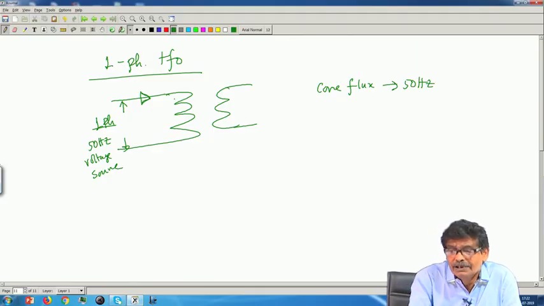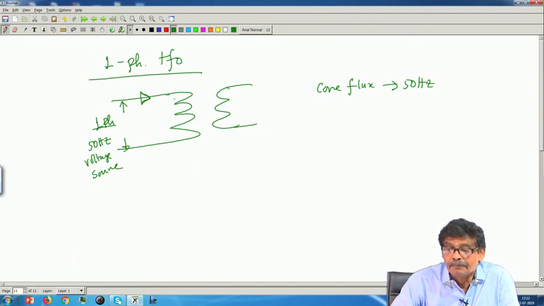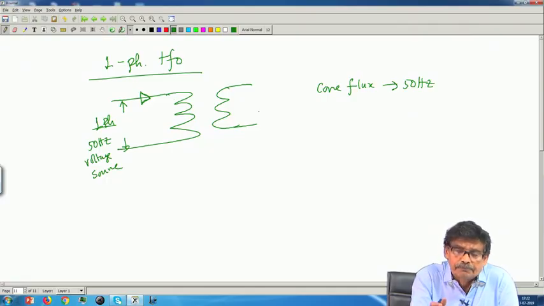So, the problem in a single phase transformer, so far as third harmonic flux etcetera is concerned, is not that critical, in the sense that if you assume the current drawn is sinusoidal only, then you will say okay, then flux must have got disturbed, 50 hertz and 150 hertz.